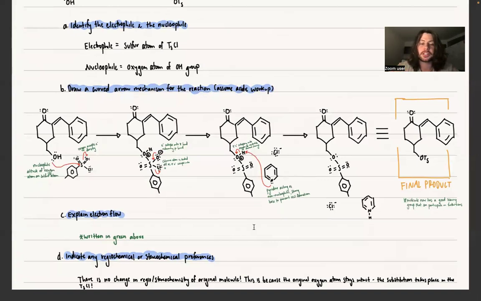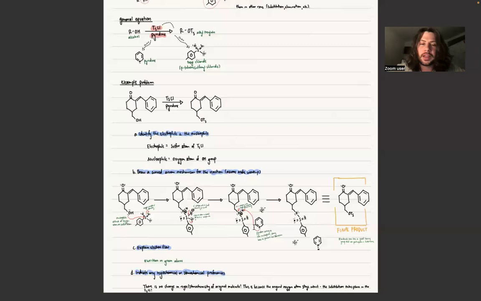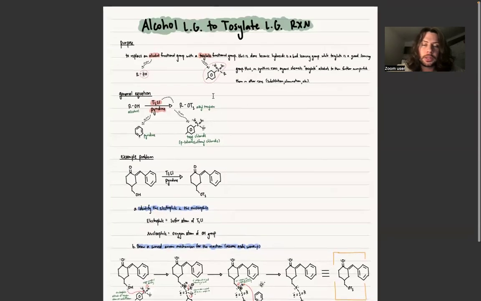But in this reaction itself, there aren't going to be any stereochemical preferences. So with that, I will end the video and submit it. But that goes over the entire process of tosylating, or converting an alcohol hydroxide functional group into a tosylate leaving group. Thank you.